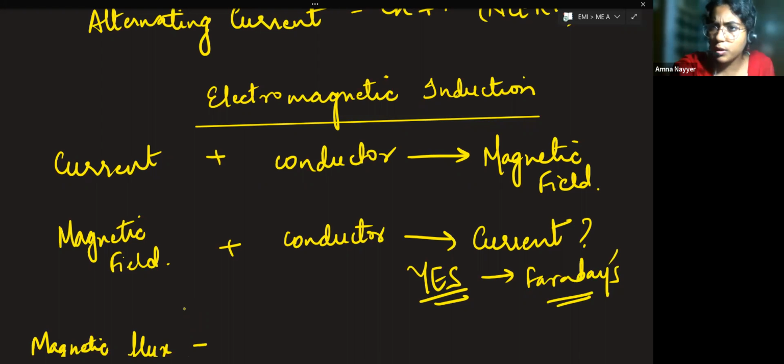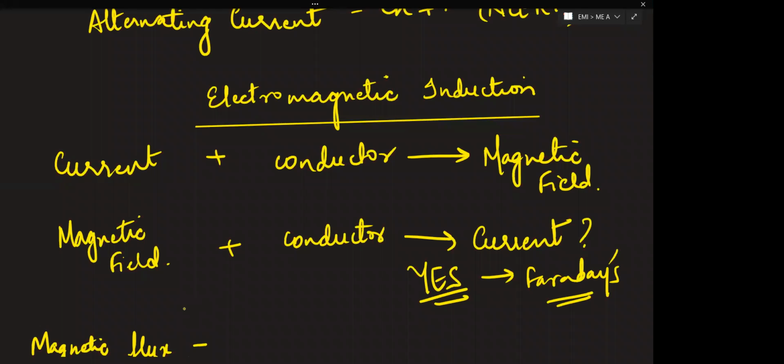All these things were proved experimentally. We'll study the experiments, but in your exam I have seen Faraday's experiments coming directly. So you need to focus mainly on the law and the associated questions with it. The experiments we'll cover along with it.